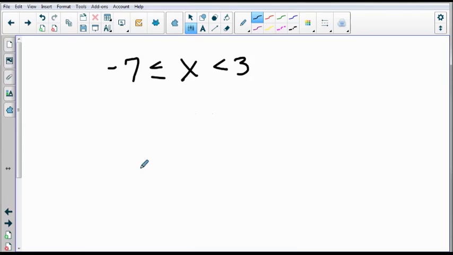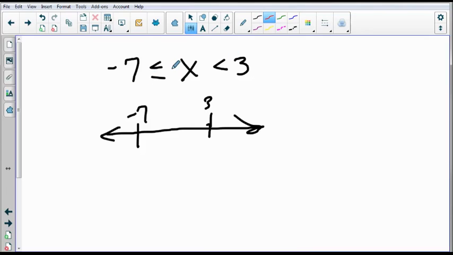Okay. I'm assuming you paused it, so I'm going to show you how to do this. There are only two numbers that I care about, and those two numbers are -7 and 3. Then I look up here: is there an equal sign pointing to the -7?